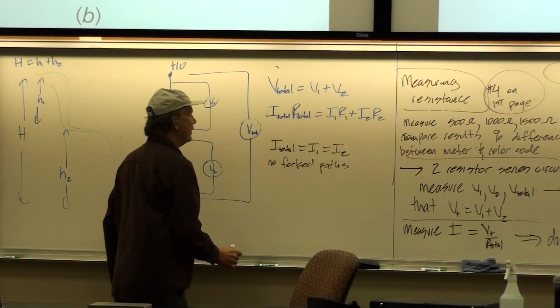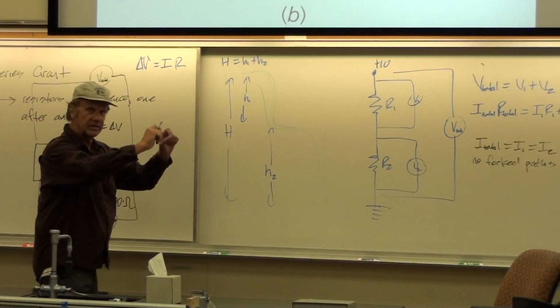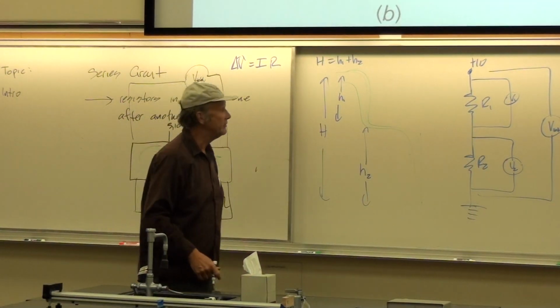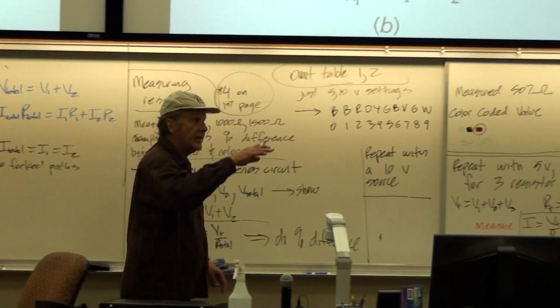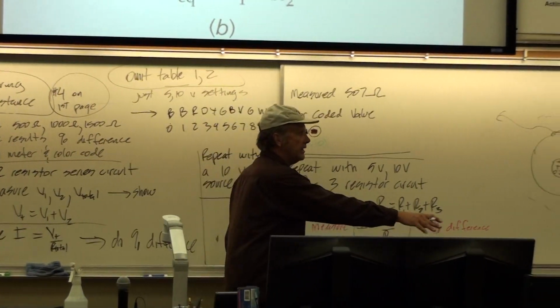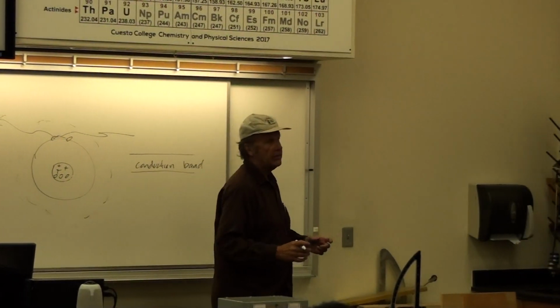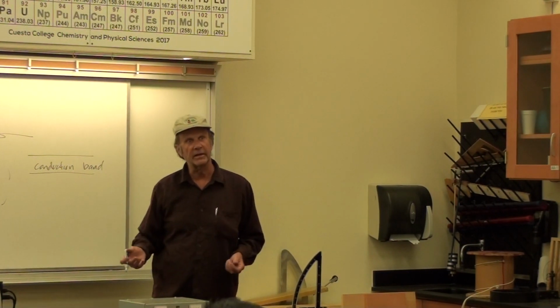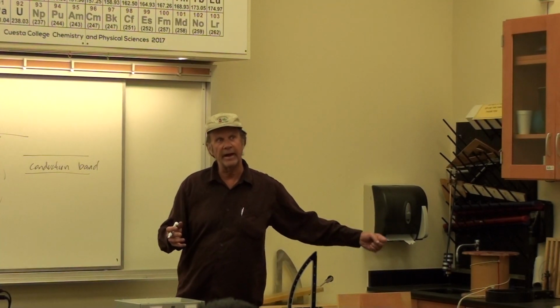Now when we get to parallel circuits, which we're not going to do today, you can have different ways. It's like a stream branching off, going in different directions. But if you just have a single stream, and then it goes over a waterfall, and then it comes along, and then it goes over a smaller waterfall or something, the amount of water flow anywhere has to be the same in gallons per second or whatever, because the amount of water in has to equal the amount of water out.